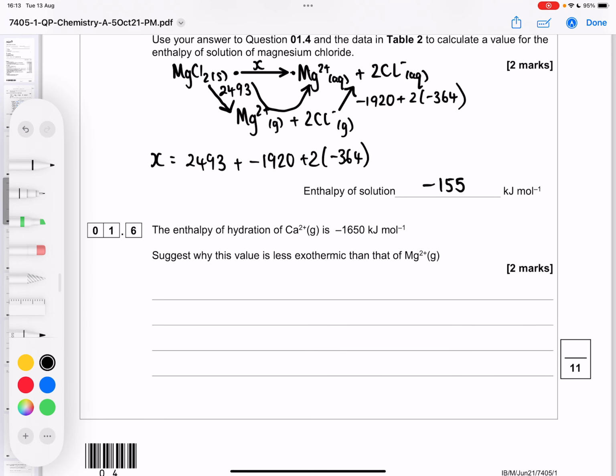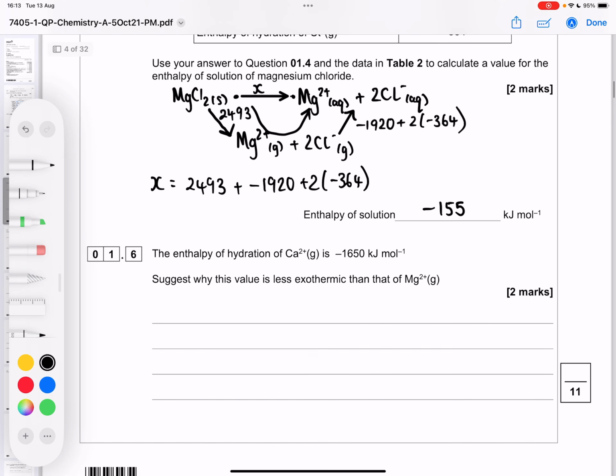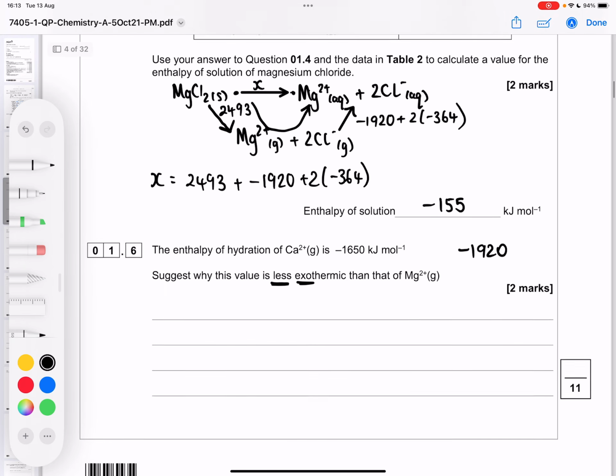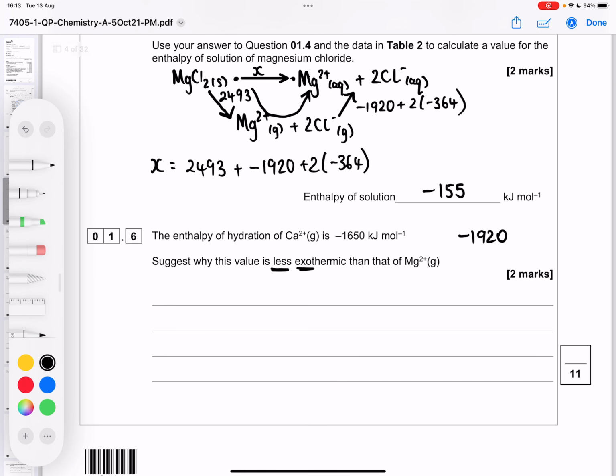Then it says the enthalpy of hydration of calcium 2 plus is minus 1650. Suggest why this value is less exothermic. Less exothermic just means less negative, so we just really want to think why this number is less than minus 1920. So what's the difference between Mg2 plus and Ca2 plus?